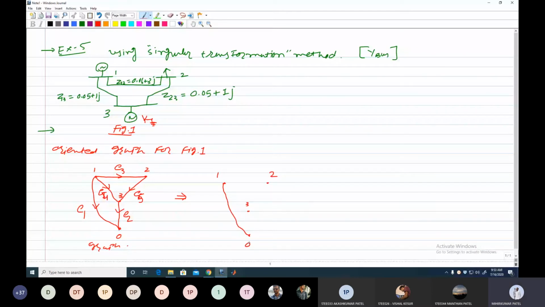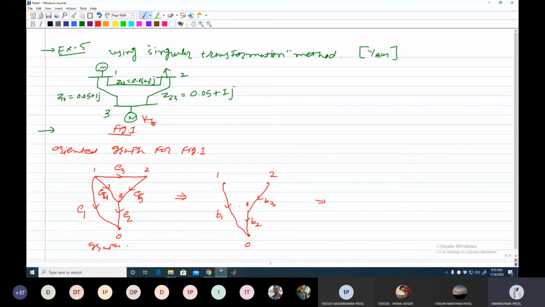There are many possibilities to draw the tree. Whatever you want, you can draw. The elements of a tree are known as branches. Very good. Clear?